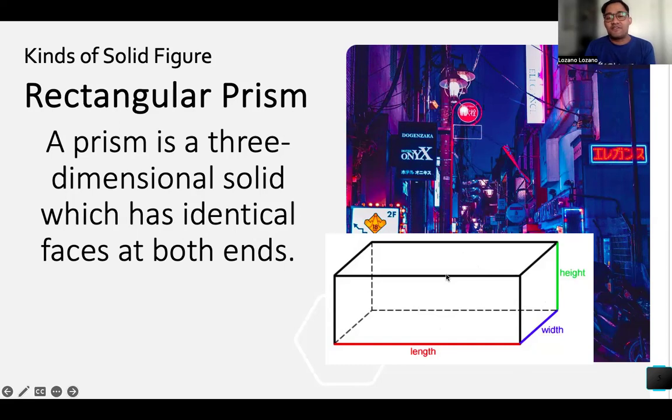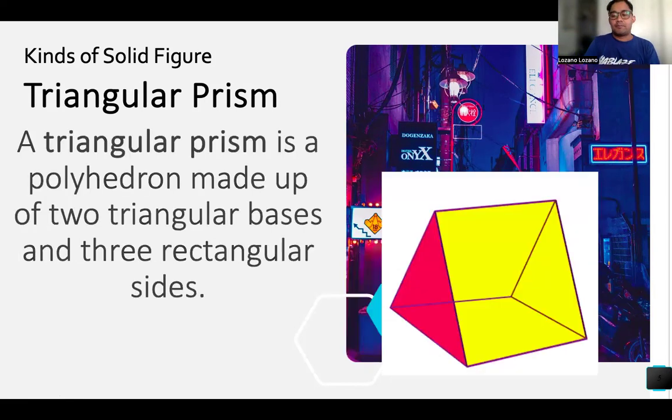Four sides or four faces are rectangular, and the ends, yung magkabilang ends niya are square. So we call it rectangular prism. The best example of the rectangular prism is a shoebox, or like this one, a box of a toothpaste. We have congruent rectangular faces, and then both ends are identical. So this is a rectangular prism.